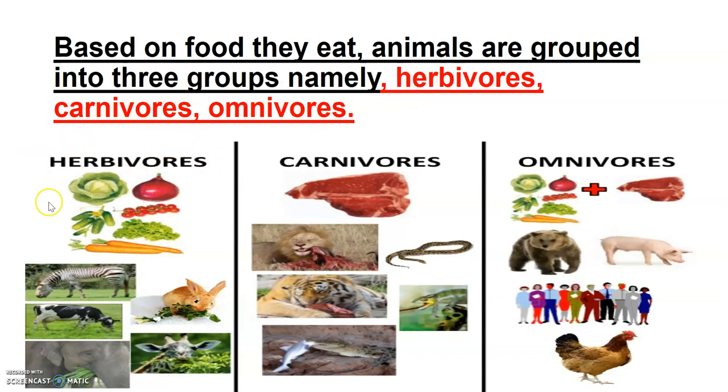Herbivores are the organisms that, as the word also tells us, are eating or depending upon herbs. Herbs means plants. So all the animals that feed on plants are called herbivores. Animals that feed on flesh or meat are called carnivores. And the animals that feed both on herbs and on flesh are called omnivores.